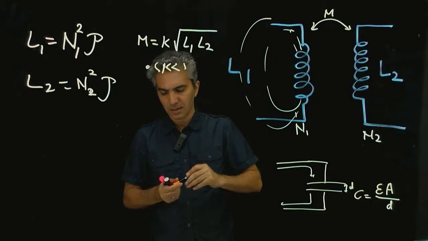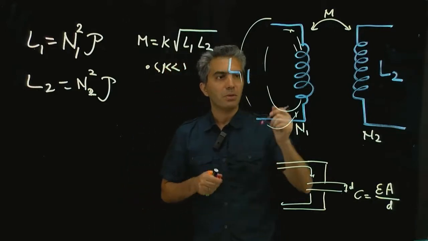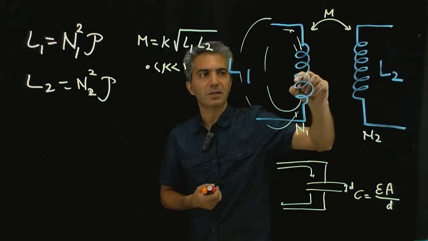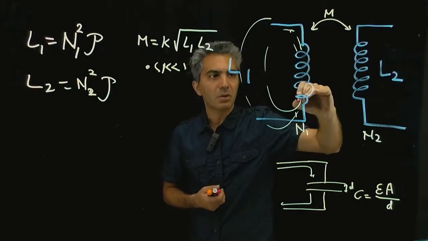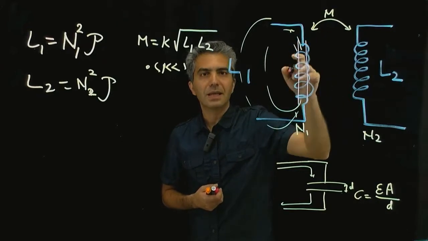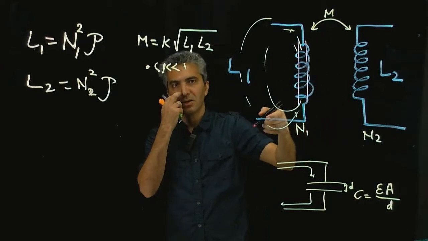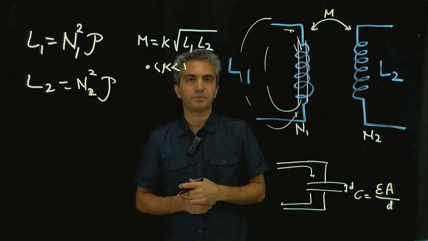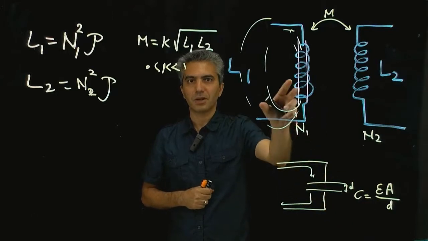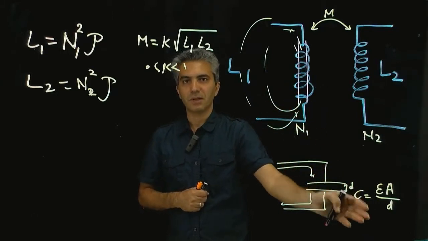So how do we do that? First of all, to get higher and higher magnetic flux density in the inductor, what we said is that we can put a material in the middle that has high permeability. Keep in mind, permeability and permittivity are kind of dual of each other between the magnetic domain and the electrical domain.